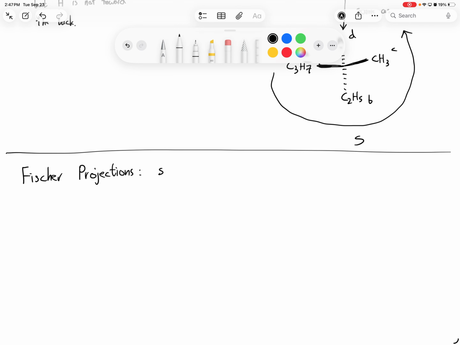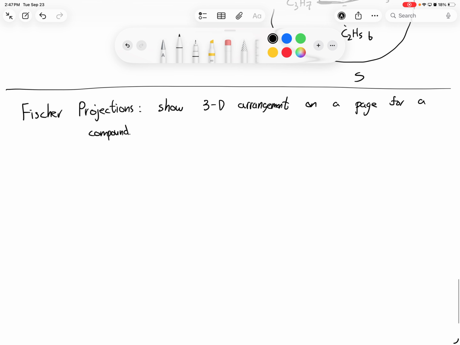All right, so the Fischer projections show a 3D arrangement on a page for a compound. All right. So a Fischer projection looks like this.